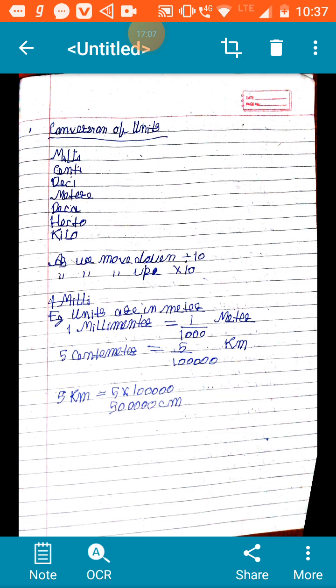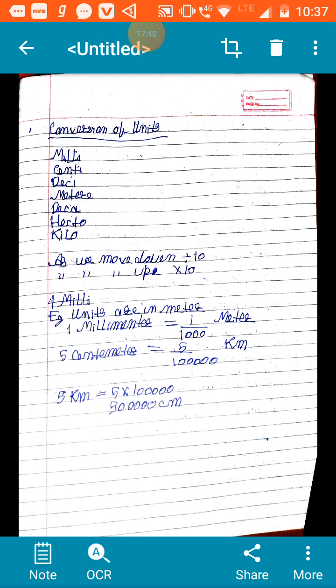5 centimeter is equal to how many kilometer? Deci, deca, hecto, kilo. So 5 divided by 10,000 kilometer. 5 kilometer is equal to how many centimeter? Now we are moving up, so multiply.